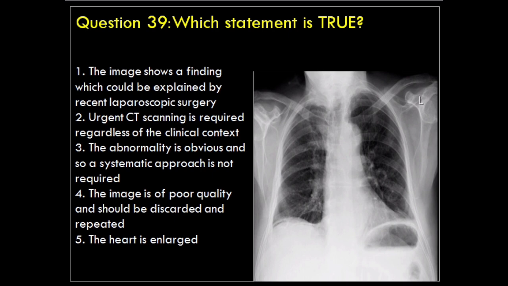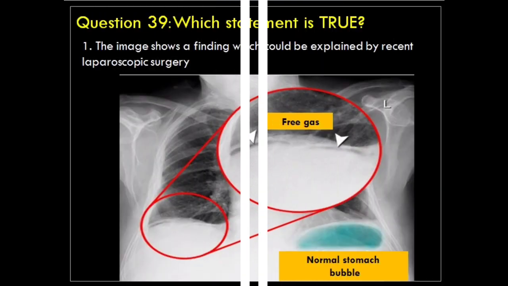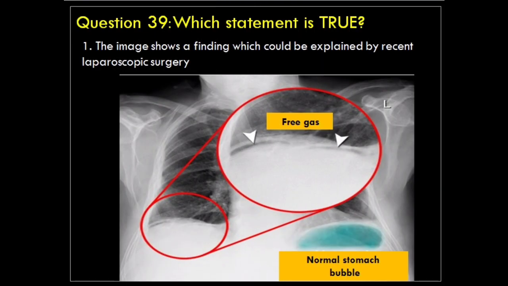The image is of poor quality and should be discarded and repeated. 5. The heart is enlarged. The correct answer is the image shows a finding which could be explained by recent laparoscopic surgery.